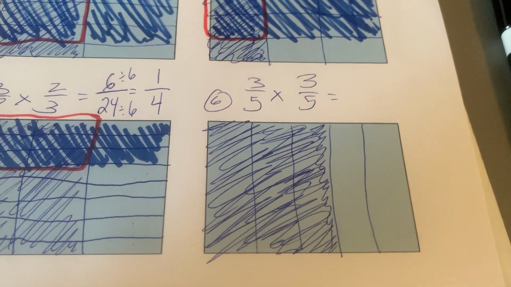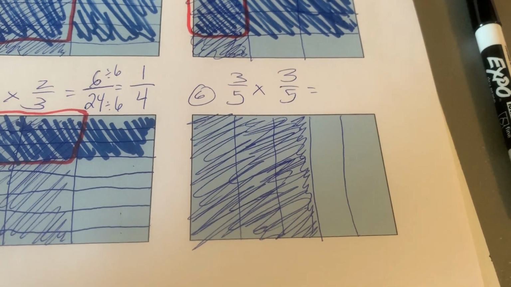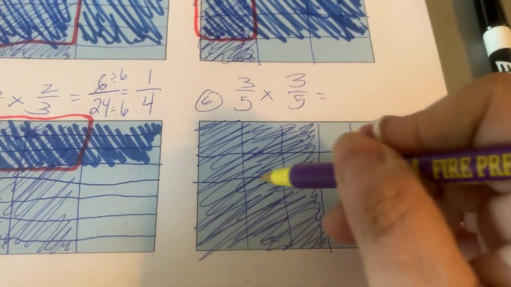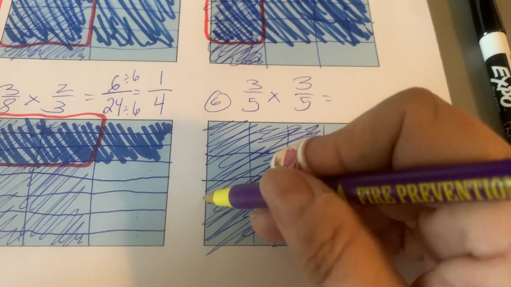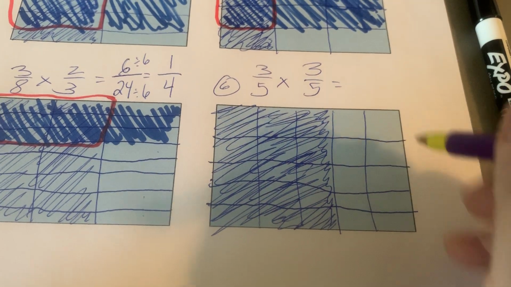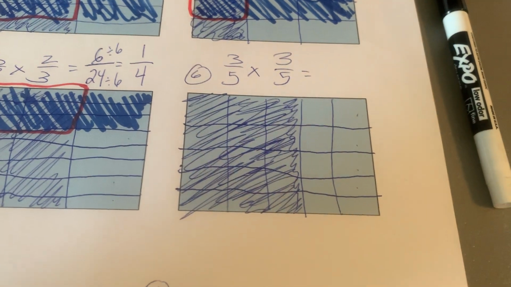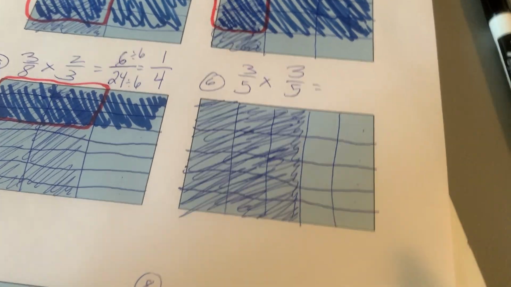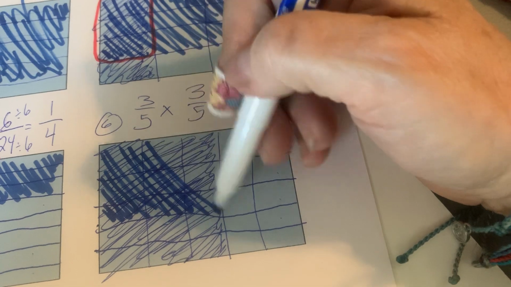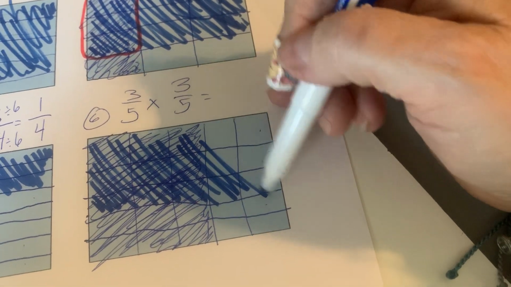And then I need to find 3/5 of those 3/5. So I need to do the same division, except I'm going to do it the other way. Oh, these aren't exactly even, but they'll have to do. 1, 2, 3, 4, 5. Very good. And then I'm going to shade in 3 of the rows going across. So here we go. That's going a little bit better.